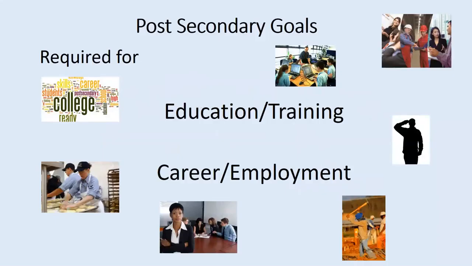About the transition IEP, we do want to focus on post-secondary goals. Now, in terms of the credential, this piece is going to remain the same. Every student in South Carolina from age 13 and above has to have transition addressed in their IEP. You know that the two post-secondary goals that are required for all students are the training and the career employment goals.